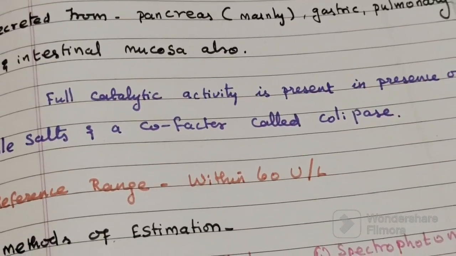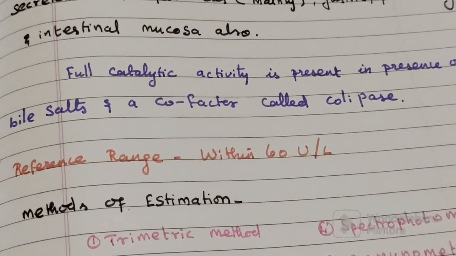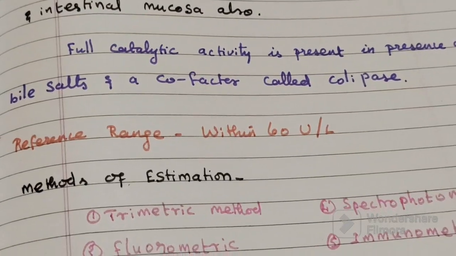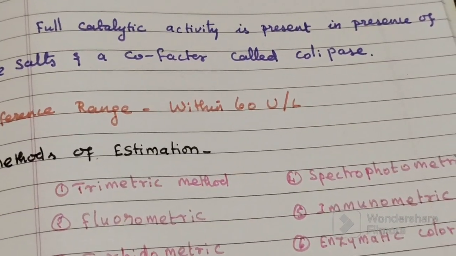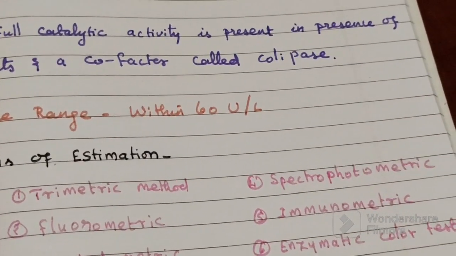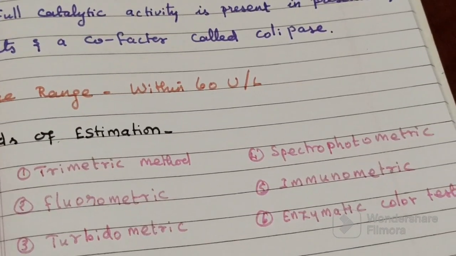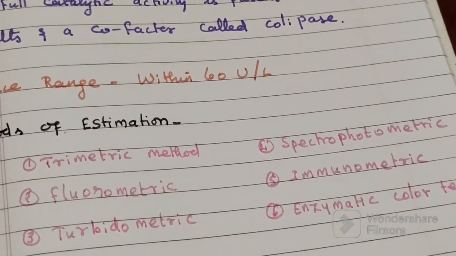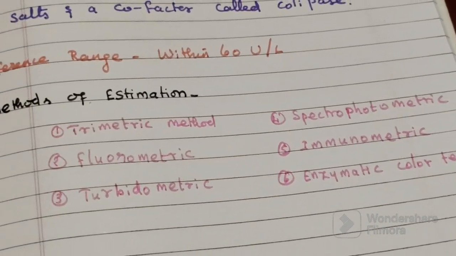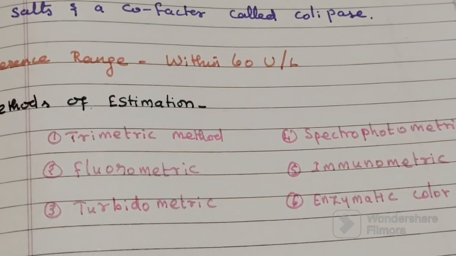Reference range is within 60 units per liter. You can measure lipase by using various methods: titrimetric method, spectrophotometric method, fluorometric method, immunometric method, turbidimetric method, enzymatic color test. These are the methods used for estimation of lipase.